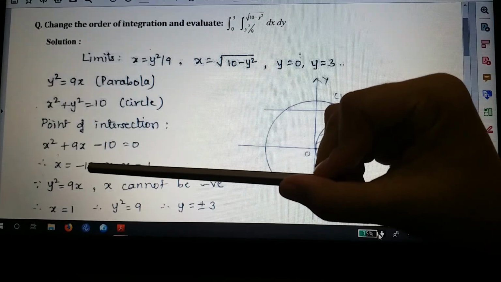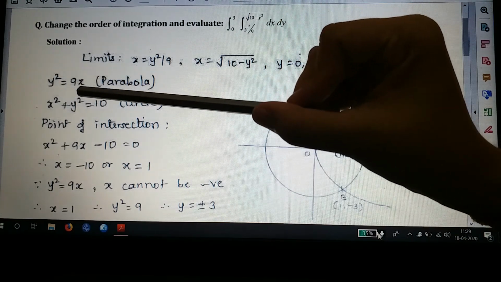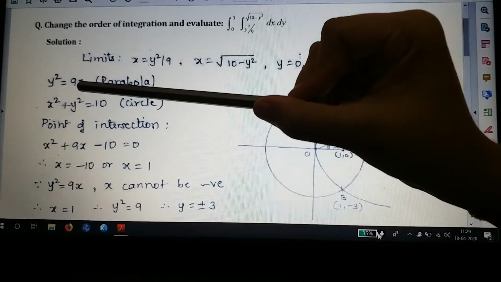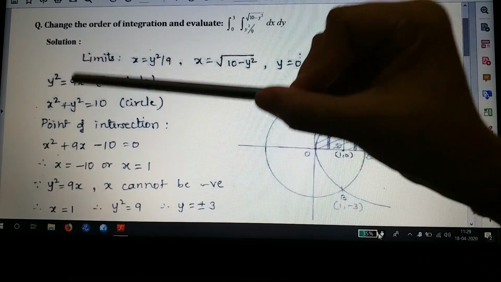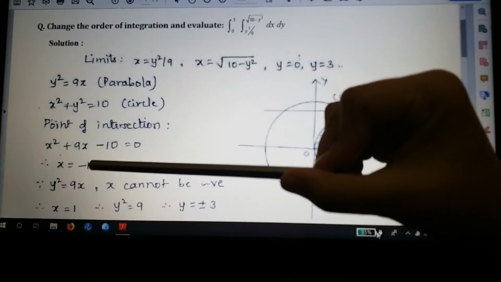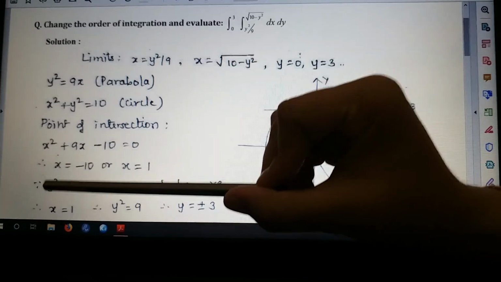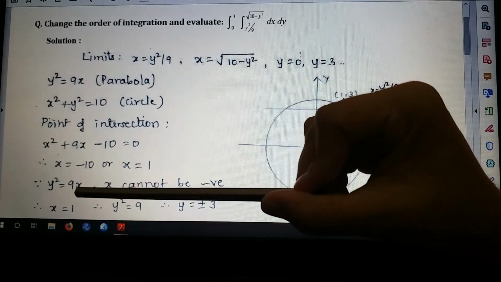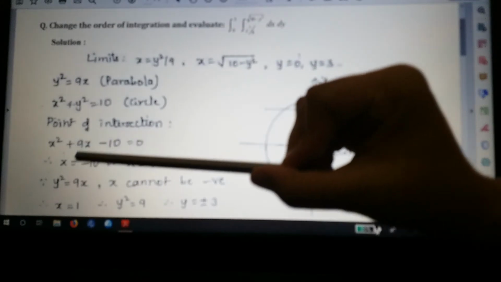But when you put x as minus 10 here, y square is minus 90. So y square is a negative term. But we know that a square is always positive, which means x cannot be minus 10. So we discard this value of x because y square is not going to be a negative term.